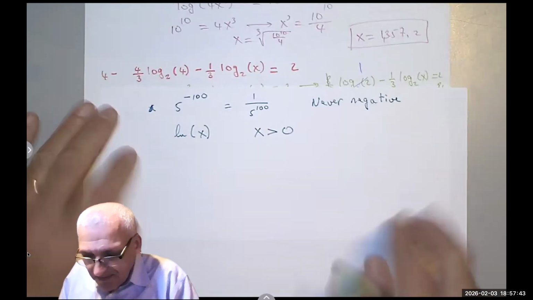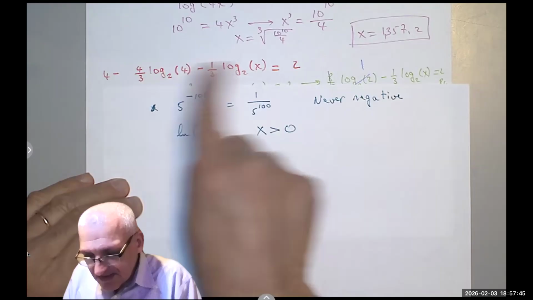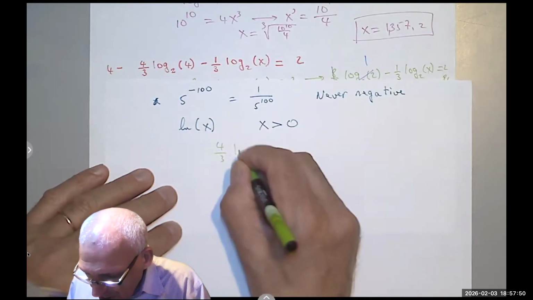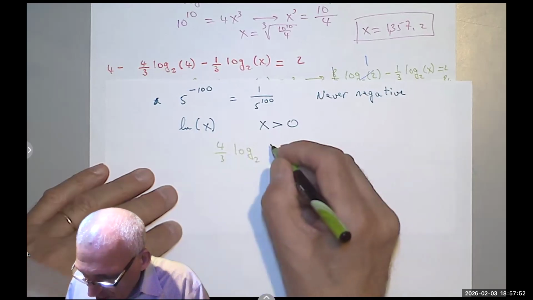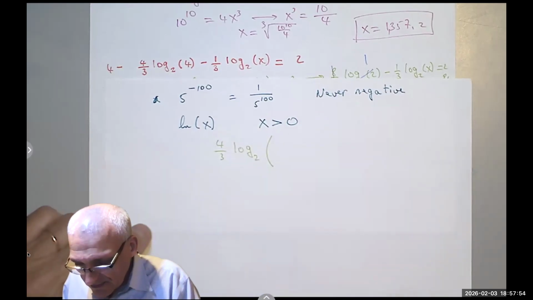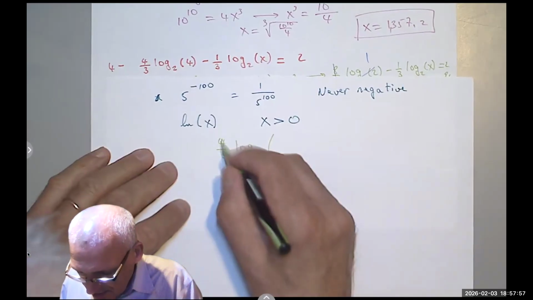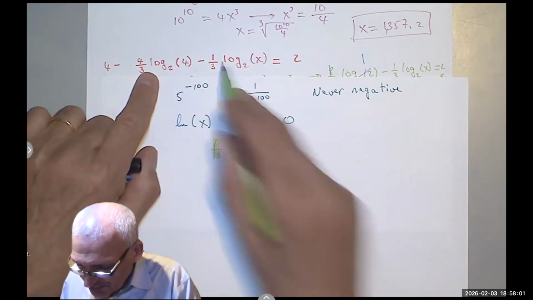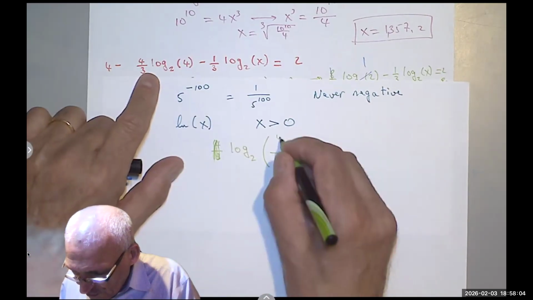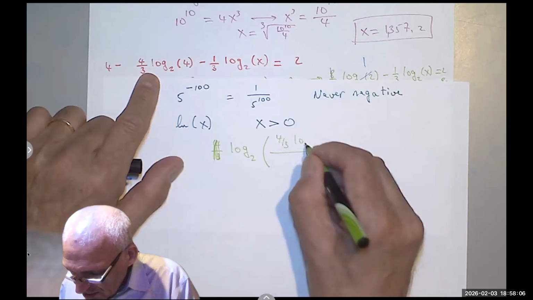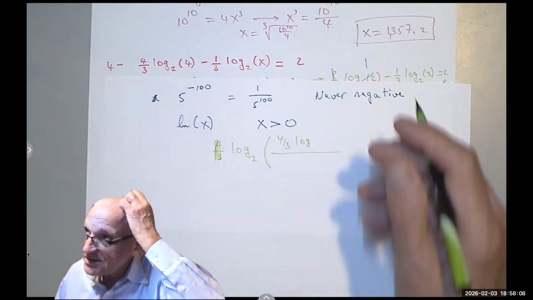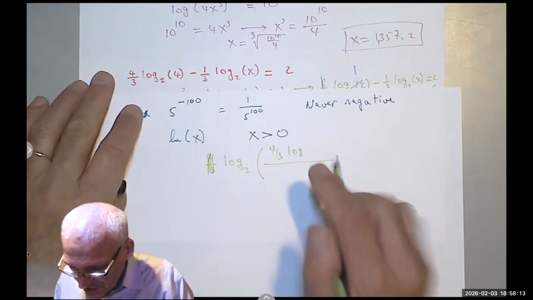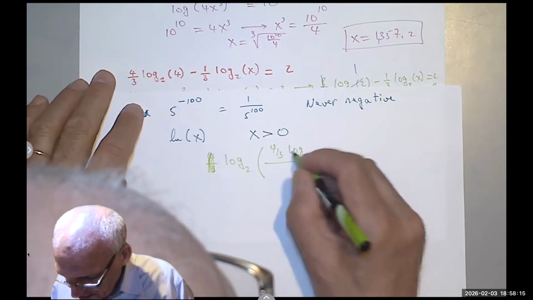See, remember when we had two quantities subtracted, I can say this is 4/3 log to the base 2 of, I'm sorry, first we say log to the base 2 of, because these are subtracted.